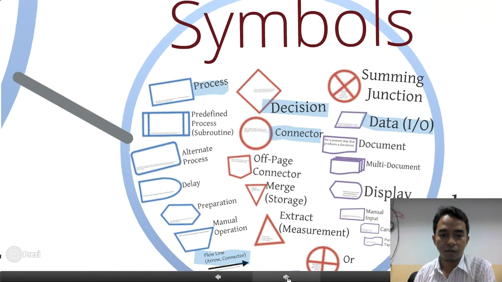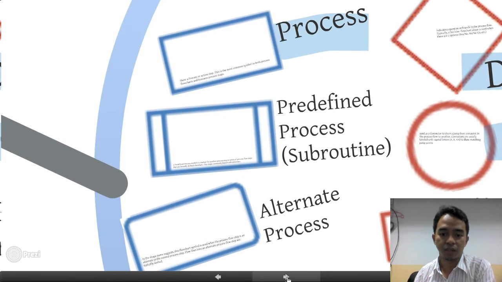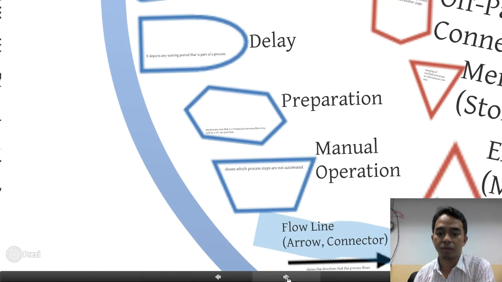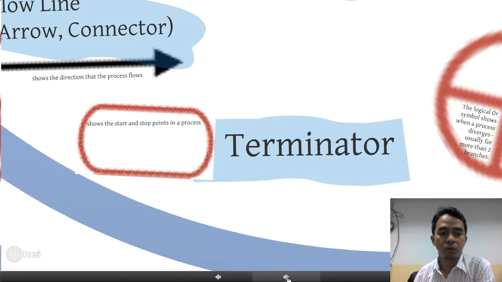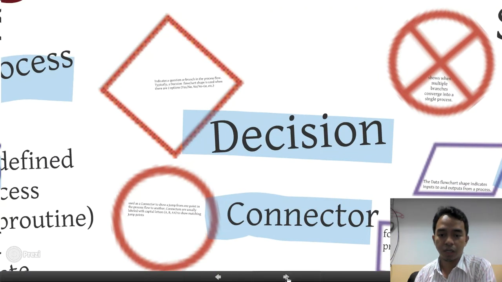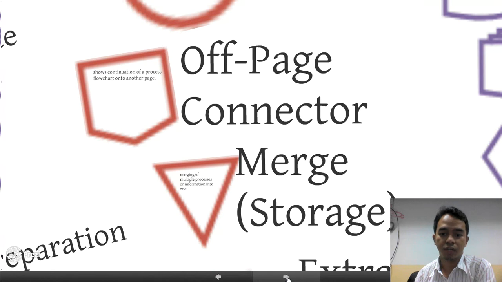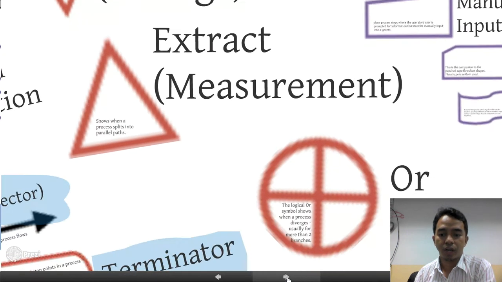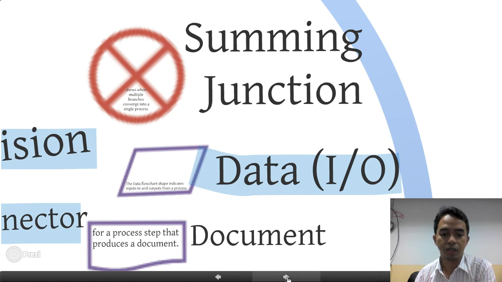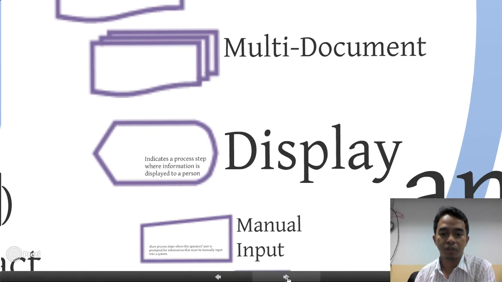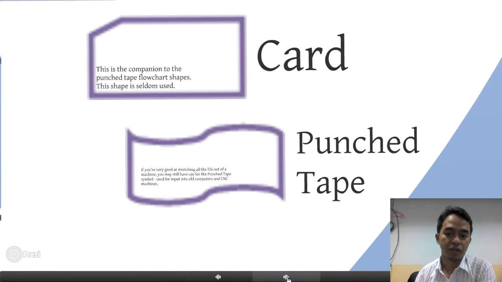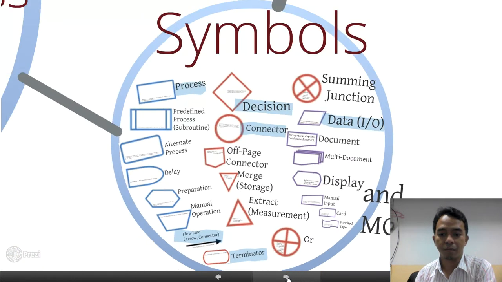As you can see here, we have process, predefined process, alternate process, delay, preparation, manual operation, flow line, the terminator, decision, the connector, off-page connector, merge, extract, summing junction, data, document, multi-document, display, manual input, card, punch tape, and many more.